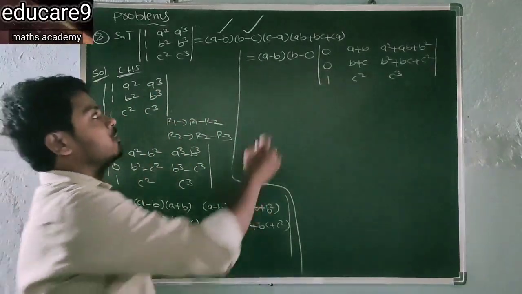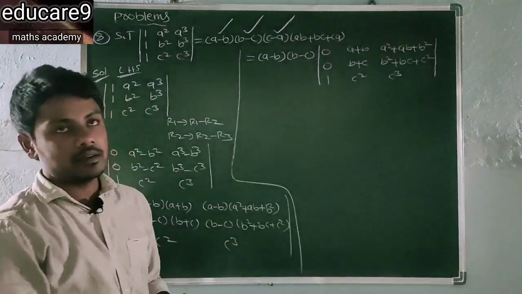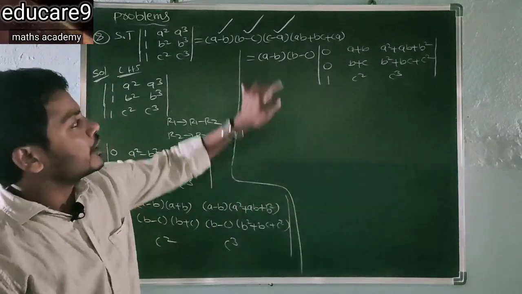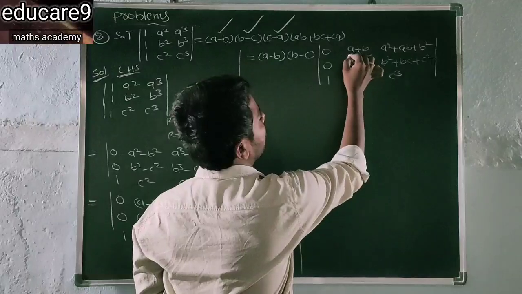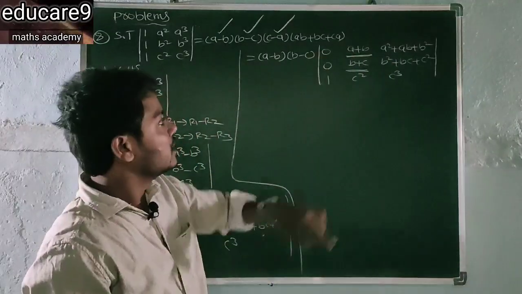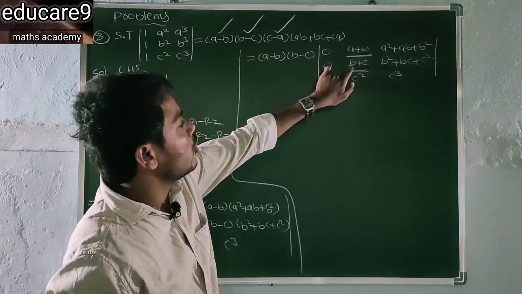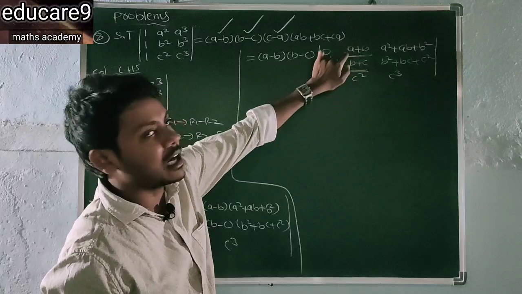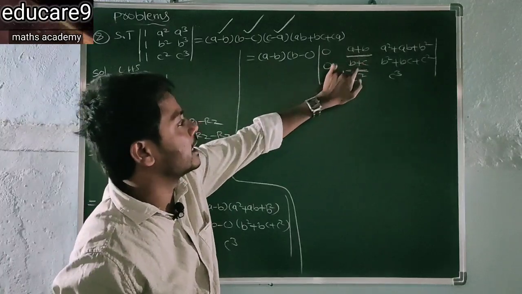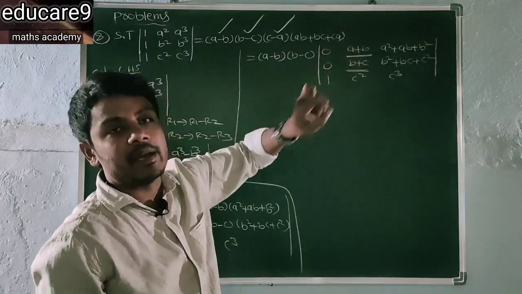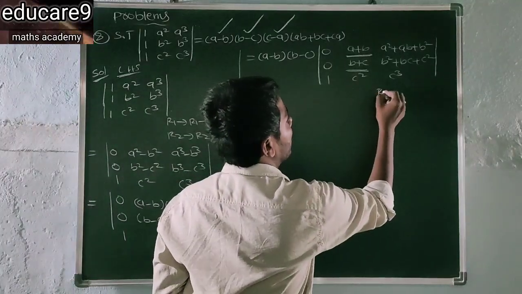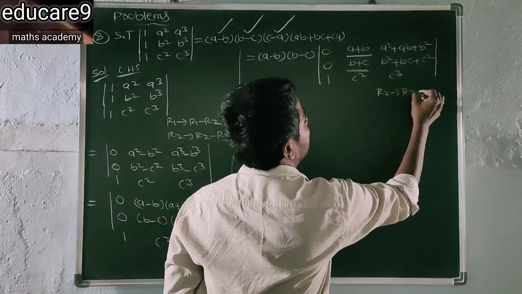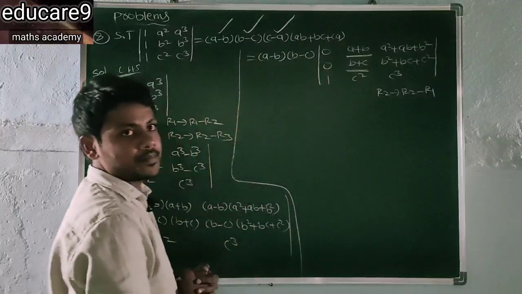See here, next one you want C minus A. So how to get C minus A? Once you observe second row and first row, if you do R2 minus R1, you will get B, B get cancelled, you will get C minus A. So that's why here do R2 implies R2 minus R1.